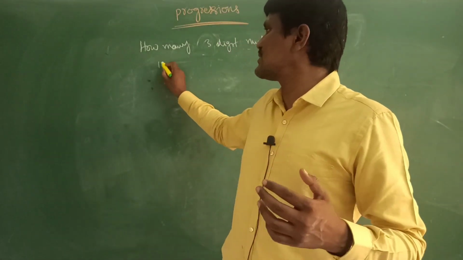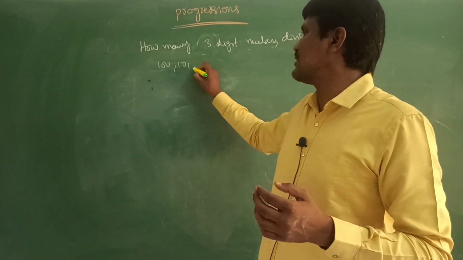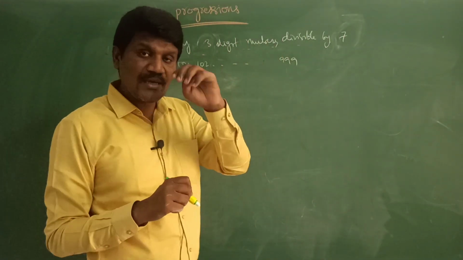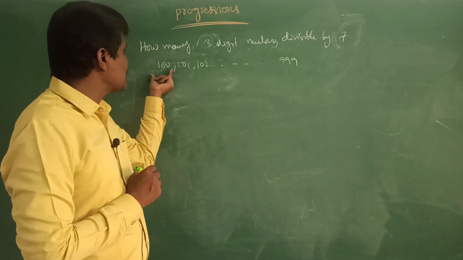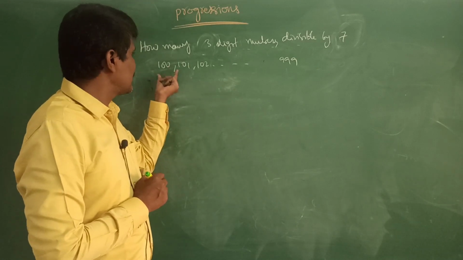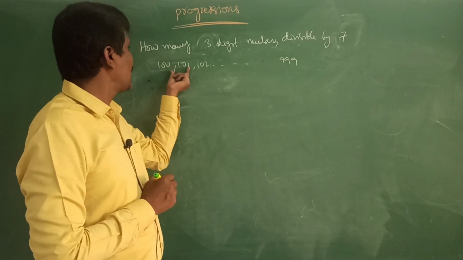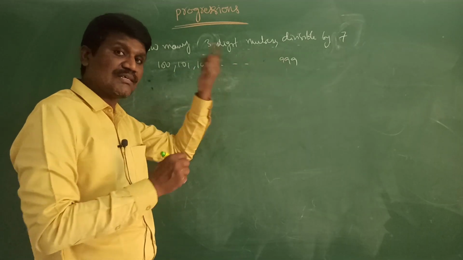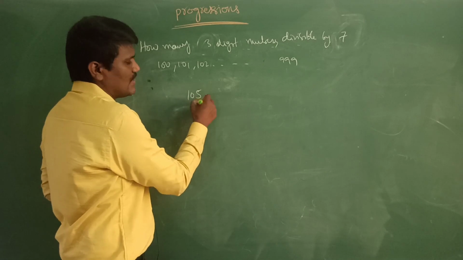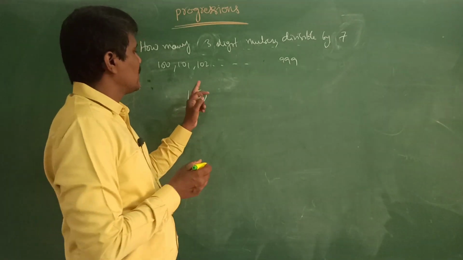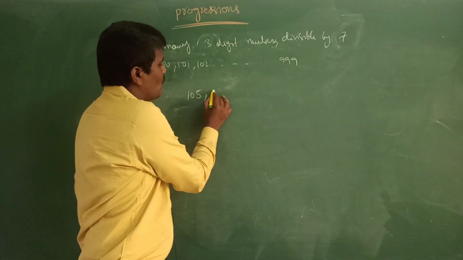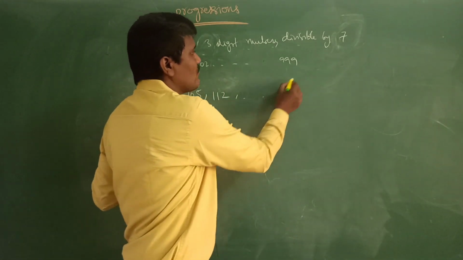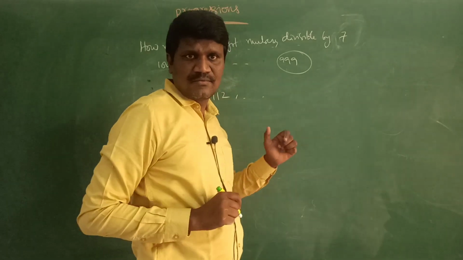We know that 3-digit numbers are 100, 101, 102 and so on up to 999. Here you check whether 100 is divisible by 7, no. 101, no. 102, no. 103, 104, 105, yes. 105 is divisible by 7, right. The next one will be 112, and so on up to 999. Whether 999 is divisible by 7, no.